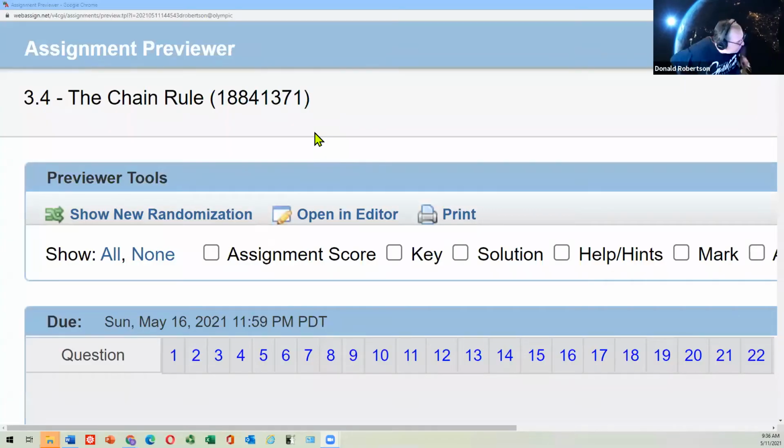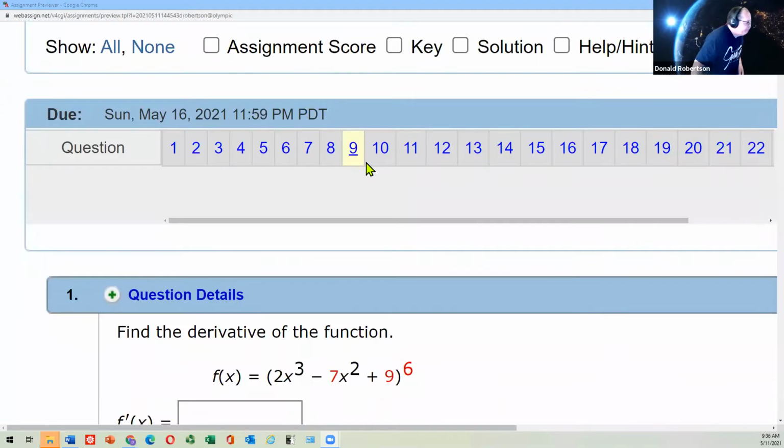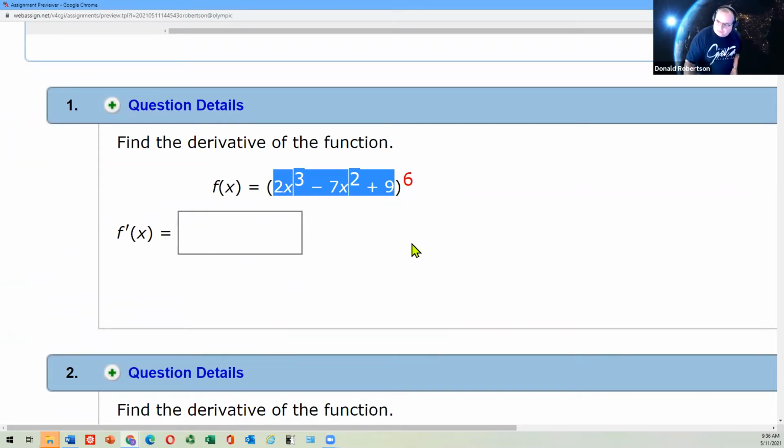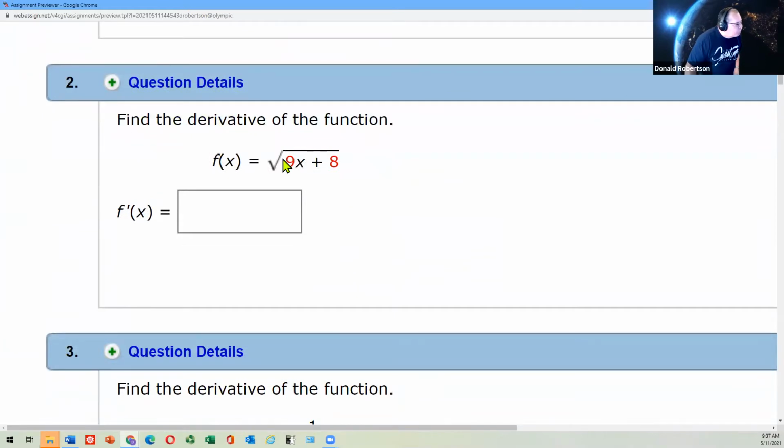Right. So we're looking at the chain rule. Question 1. Isn't this just something to the power of 6? Chain rule, nothing special. Wouldn't you call this 9x plus 8 to the power of half, and then it's just a chain rule?